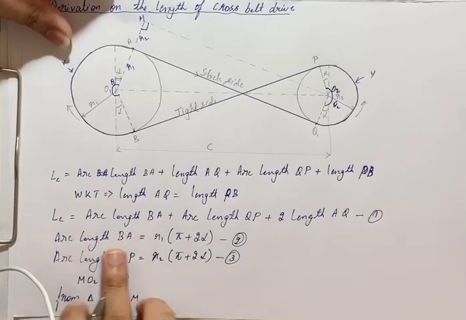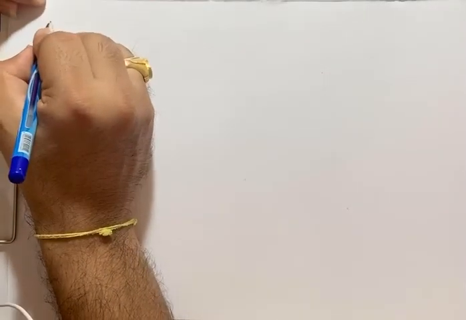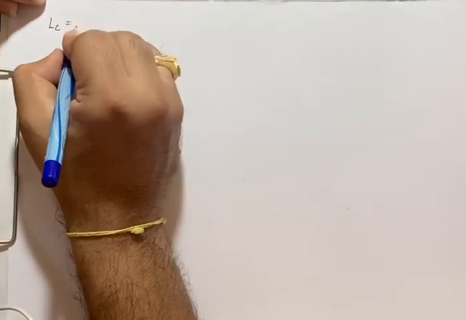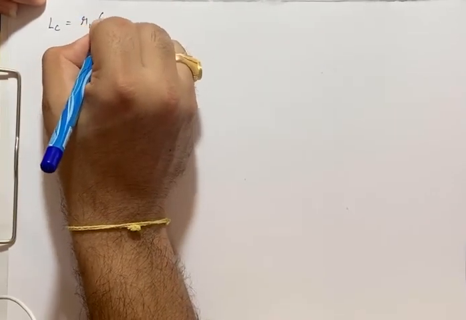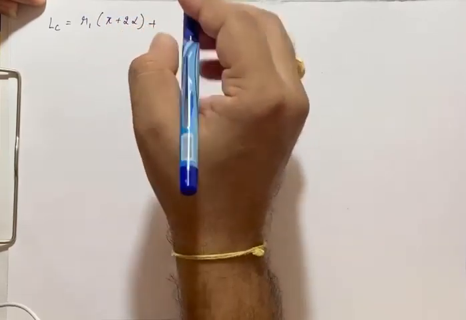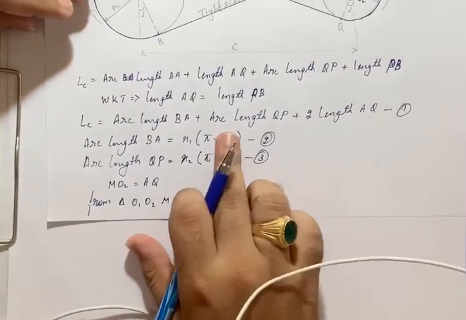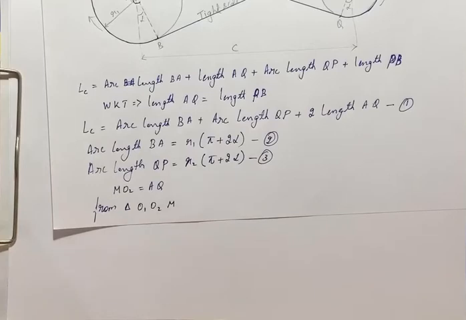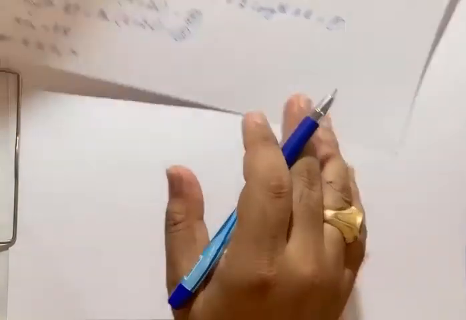Arc length BA is R1 into pi plus 2 alpha here, right. Now this is LC. Arc length BA is R1 into pi plus 2 alpha plus, next second one is arc length QP here. Arc length QP is R2 into pi plus 2 alpha here, right.